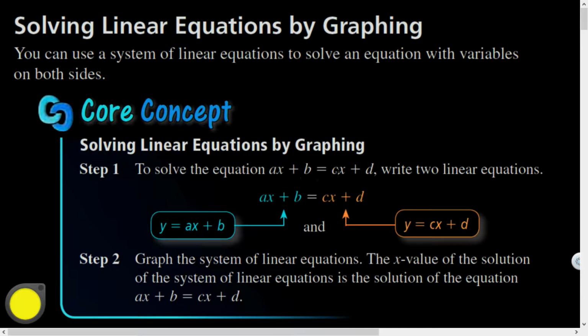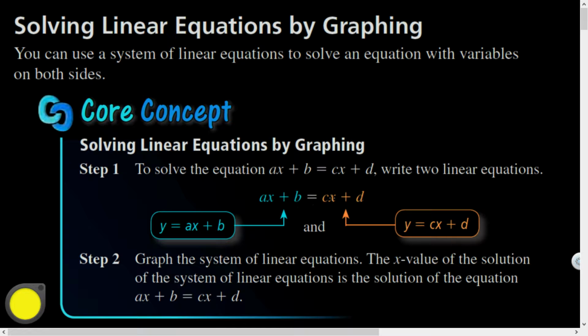Now, technically, we already know how to solve equations with variables on both sides. We bring the little guy to the big guy whenever possible. But if we were solving equations that were not linear, we could use this same technique and solve problems that we don't currently know how to.